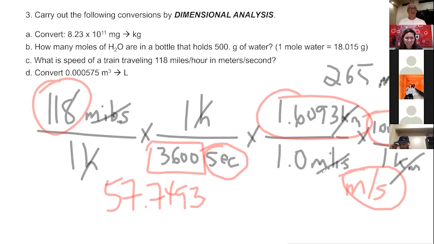You got the same? 57 or 52? 52. Okay. 52. 18 times 1.6093. Yeah, you're right. 52. Man, why do I keep making these mistakes? This is pathetic.